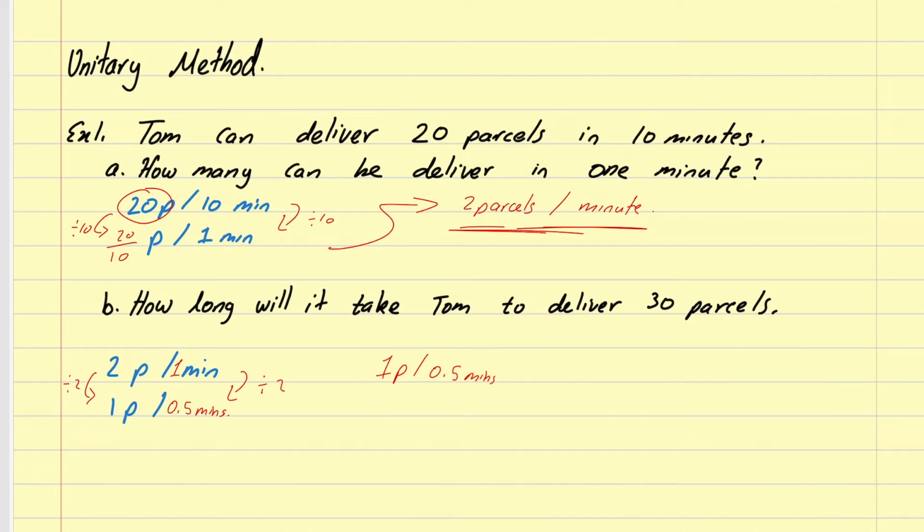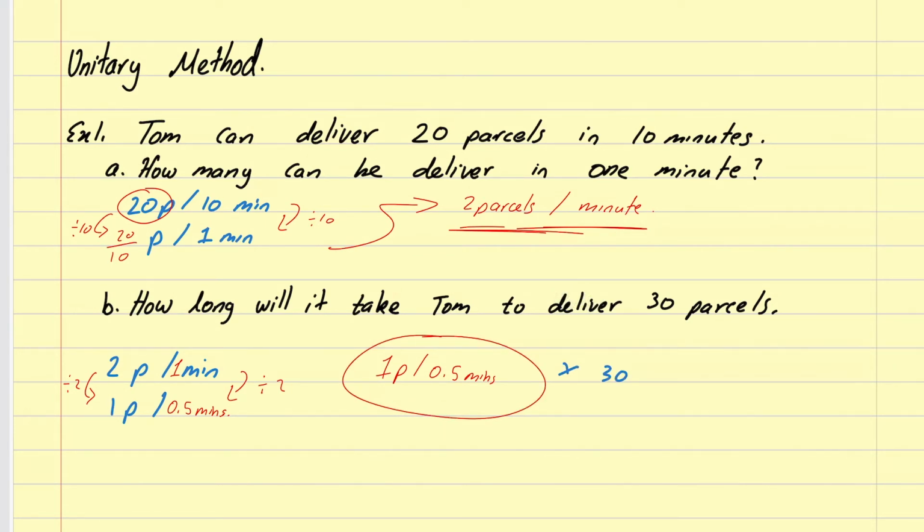Now, let's go back to the question. It says, how long will it take Tom to deliver 30 parcels? Now, if 1 parcel takes half a minute, all I have to do is multiply this by 30, because I need to know how long it's going to take me to deliver 30 of these parcels.